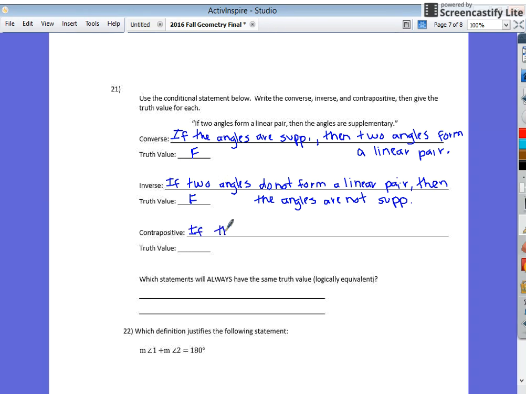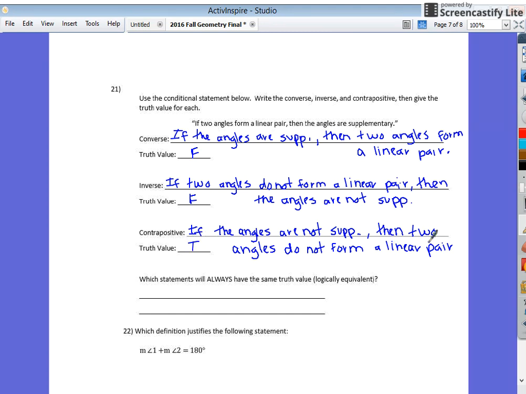So if the angles are not supplementary, then two angles do not form a linear pair. And this one is a true statement.